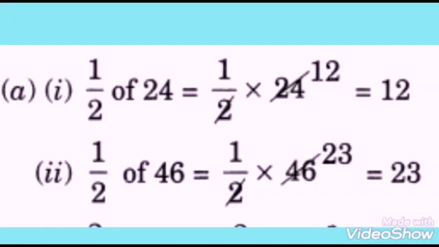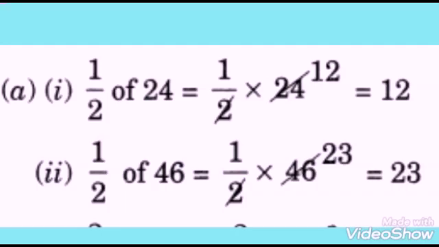So 2 and 24 can be cancelled. While cancelling we will be getting 2 1 time is 2 and 2 12 times are 24. Now you have to multiply the numerators, that is 1 into 12 which is equal to 12. Since the denominator is 1, we don't need to put it.